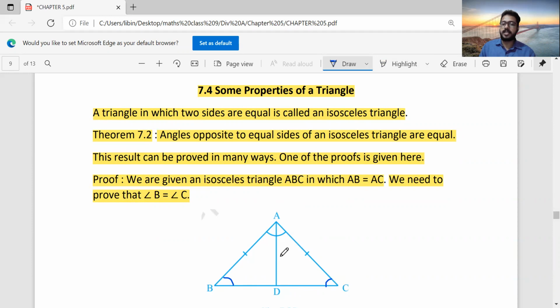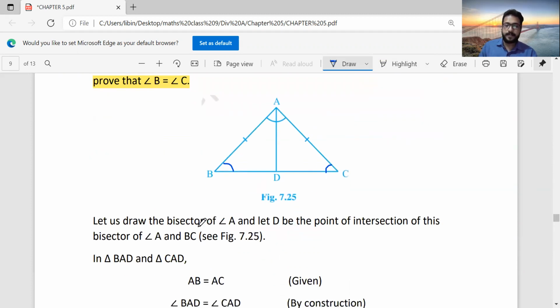In order to do that, we are forming a line AD. What is the peculiarity of AD? The line AD is an angle bisector. Draw a bisector of angle A and let D be the point of intersection of this bisector.